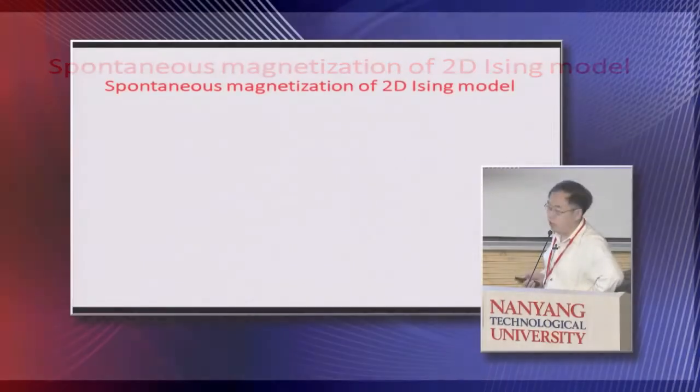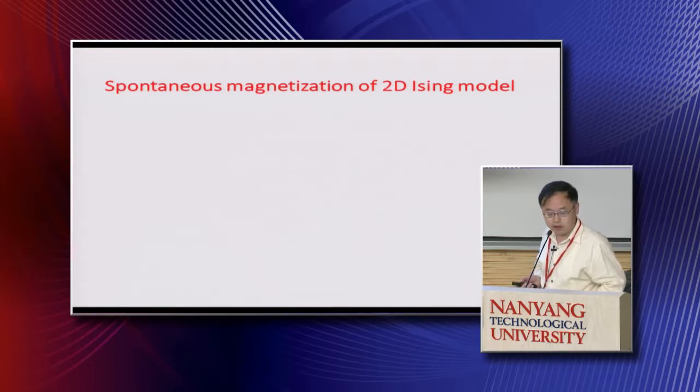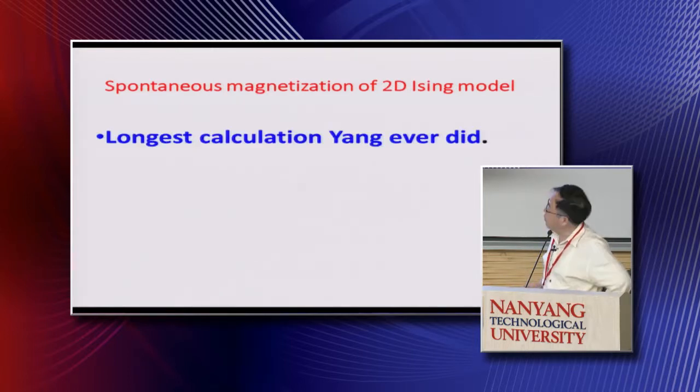I believe Professor Michael Fisher will make a more in-depth review of Professor Yang's contribution to statistical mechanics tomorrow. Let me remind you that this is the longest calculation Professor Yang ever did.